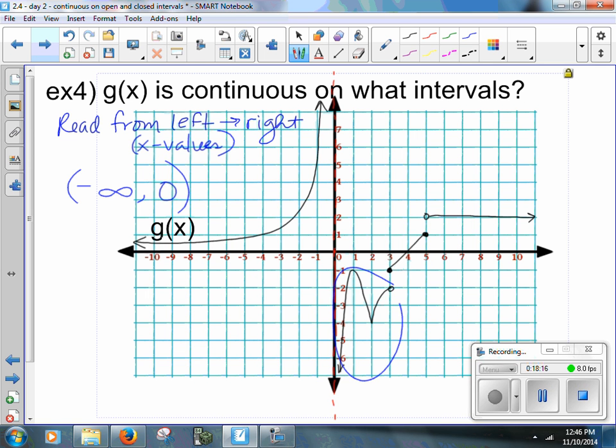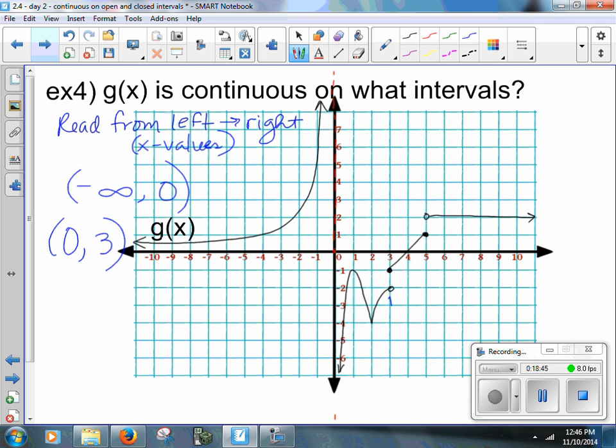The x value is 0, correct? Is it going to touch that 0? No. So is it going to be a parentheses or a square bracket? It'll be a parentheses. So it's going from 0 to what? Parentheses at 3. You guys agree with that? Because I'm looking at each piece of the function.